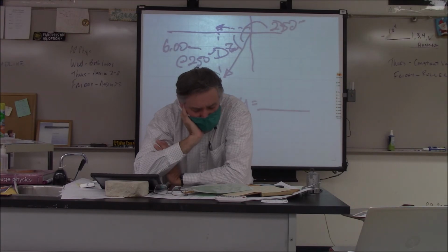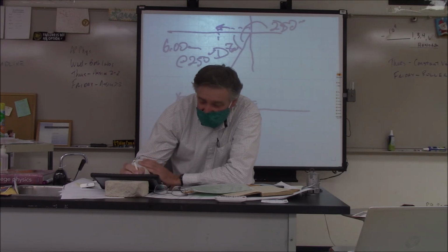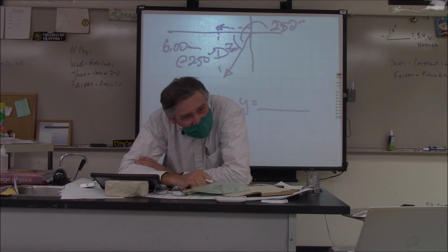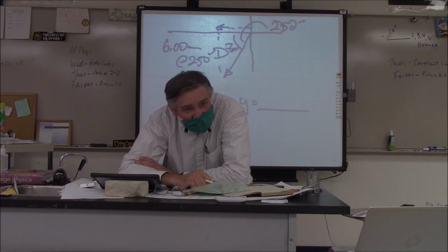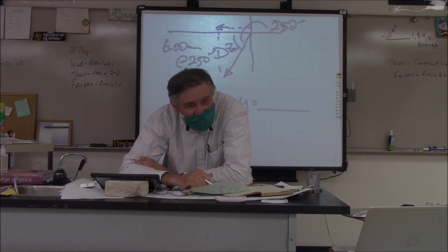I'm having a slow day. Yeah, something's horribly wrong. Yes? I got negative 2.05. I like that. What did you get? We'll move on. It's all right. I'm trying to help.